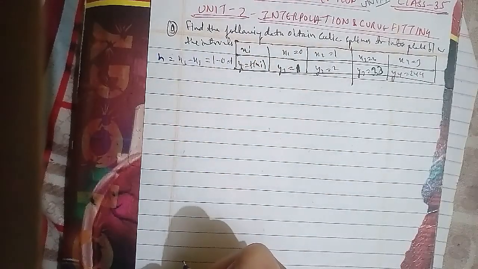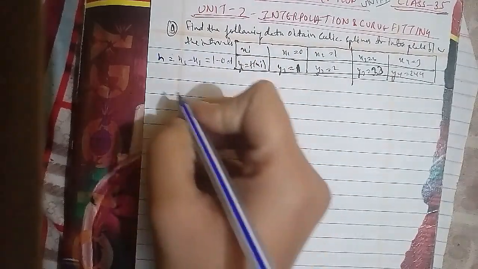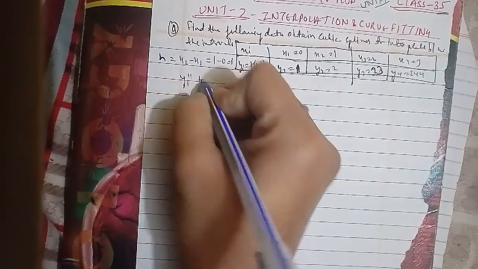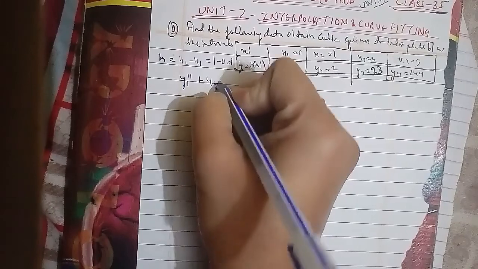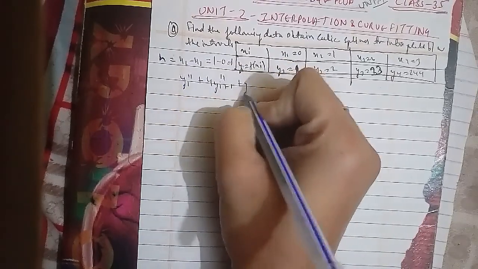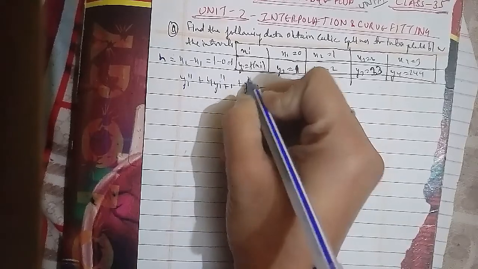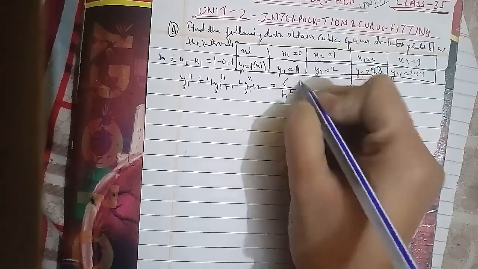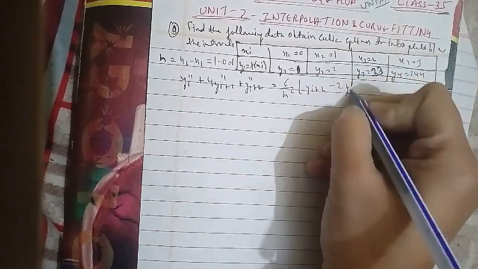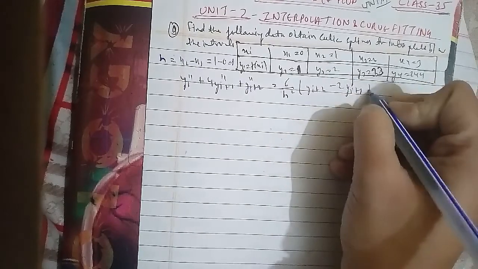Further, from the equation we get y_i'' plus 4y_{i+1}'' plus y_{i+2}'' equals 6 upon h squared times (y_{i+2} minus 2y_{i+1} plus y_i).